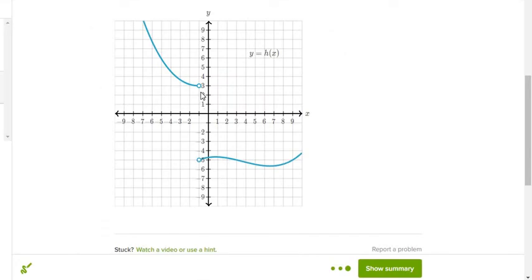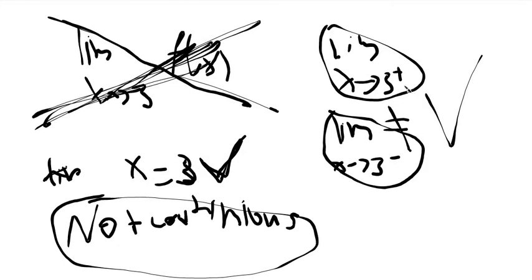Now let's try something like this, where there are two empty holes, which means at point -1, nothing is defined because there's nothing filled in. So at point -1 the function doesn't really exist. As we approach from the left and from the right, there's a point, so the limit as it approaches from the right exists.